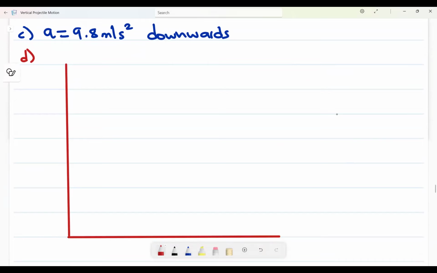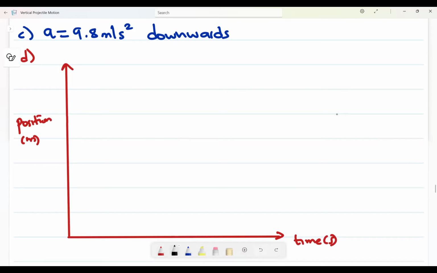What's important is the labeling. This is position in meters, and this is time in seconds. Remember, ground is a reference point, so we'll just put the height somewhere further. Remember the height is 40 meters. Let me erase that and put it somewhere again.